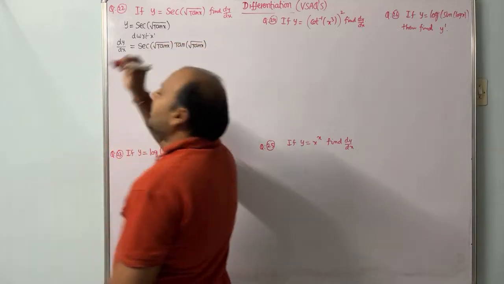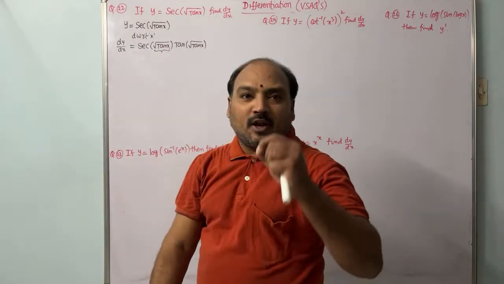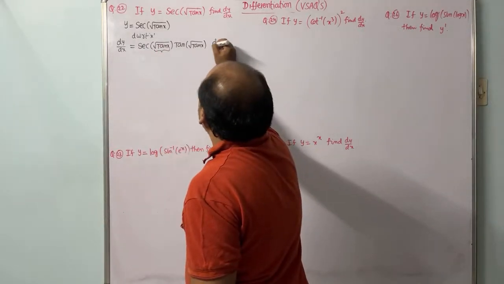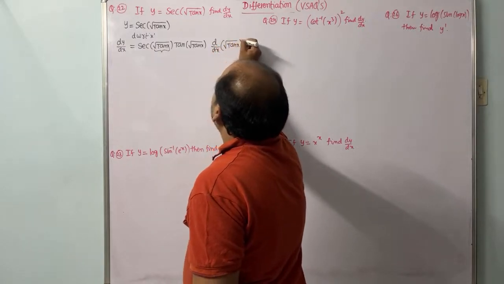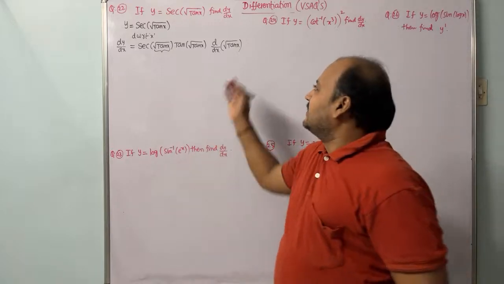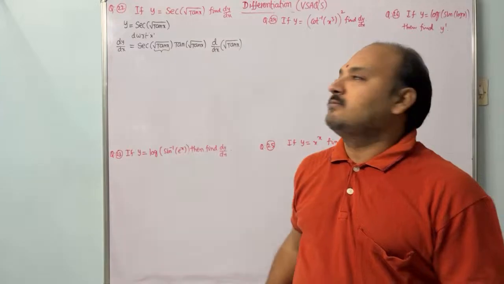We cannot leave it till here. Again, whatever function is involved, you have to differentiate it again. So d by dx of root tan x. What is the derivative of root x? D by dx of root x is 1 by 2 root x.